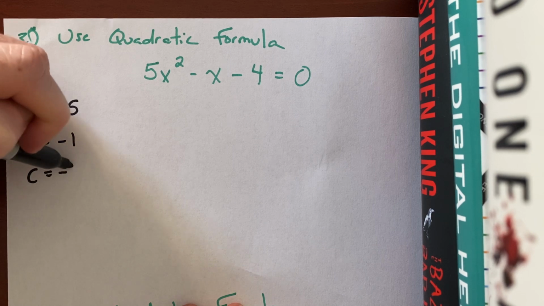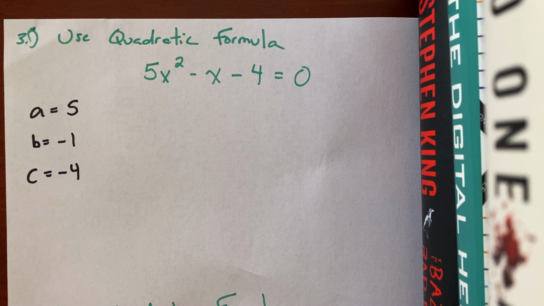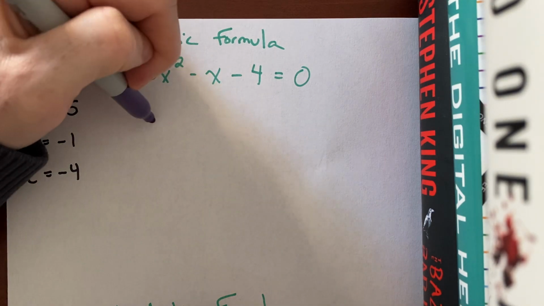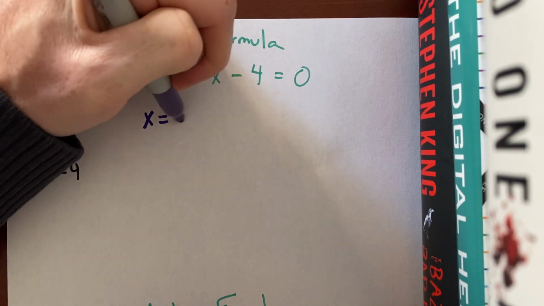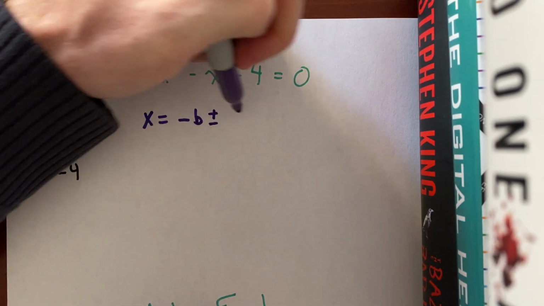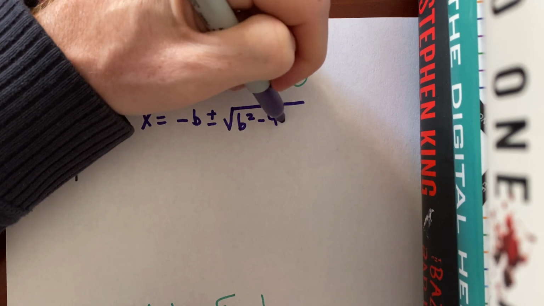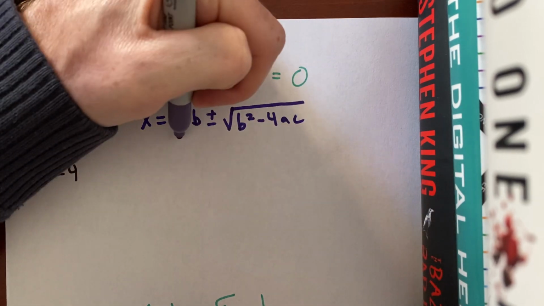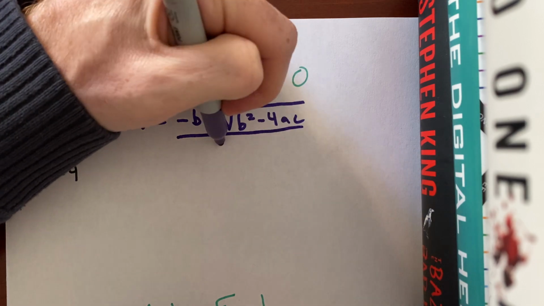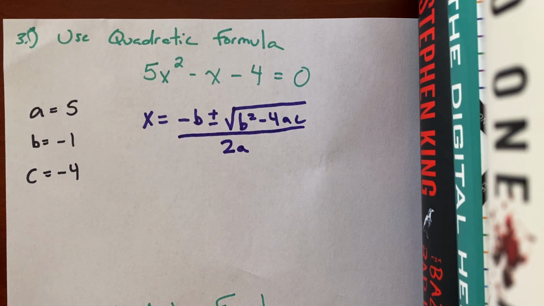C is a negative 4. All right, remember the quadratic formula is the biggest formula you need to have known going into next year. Remember, it's x equals the opposite of b plus or minus the square root of b squared minus 4ac, remember, that's that discriminant part, all over 2a.